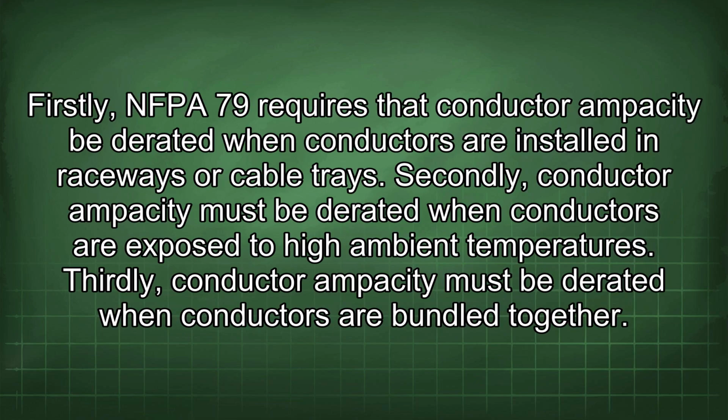Firstly, NFPA 79 requires that conductor ampacity be derated when conductors are installed in raceways or cable trays. Secondly, conductor ampacity must be derated when conductors are exposed to high ambient temperatures. Thirdly, conductor ampacity must be derated when conductors are bundled together.